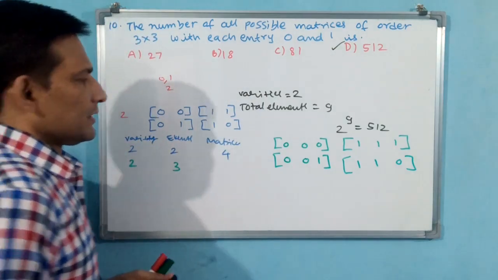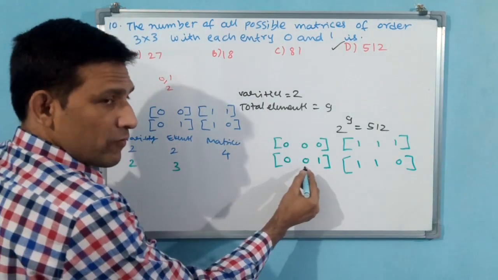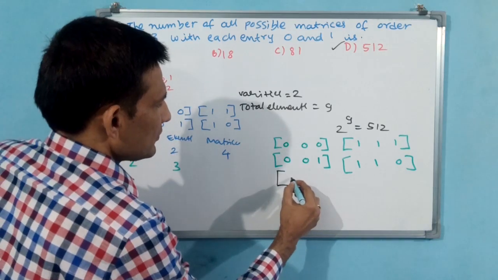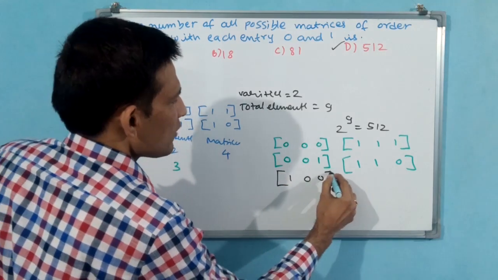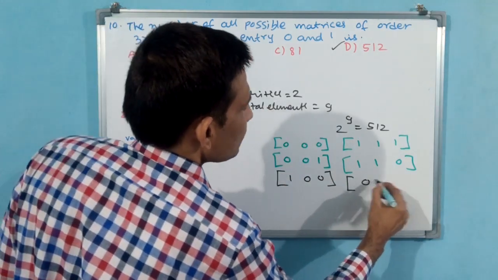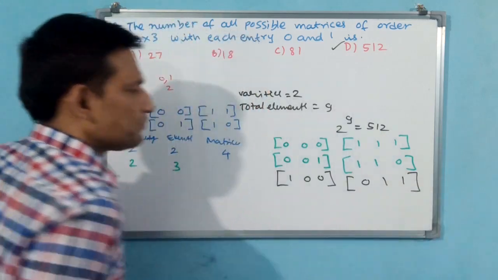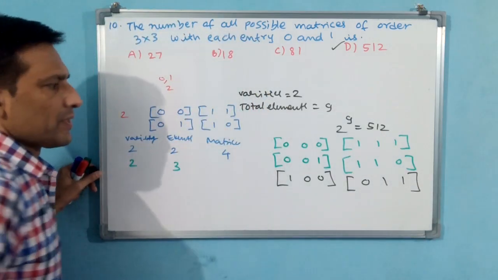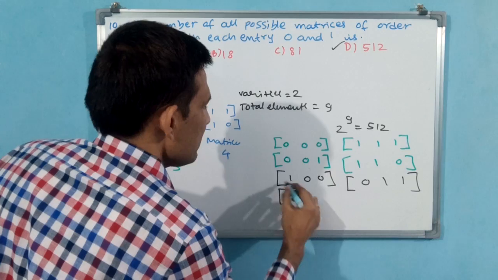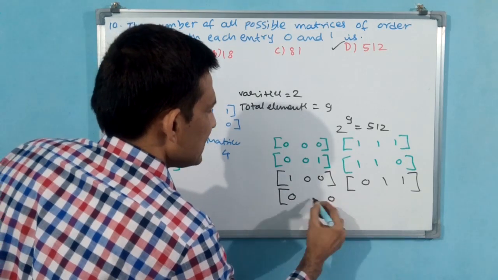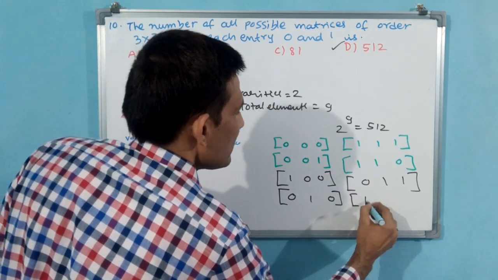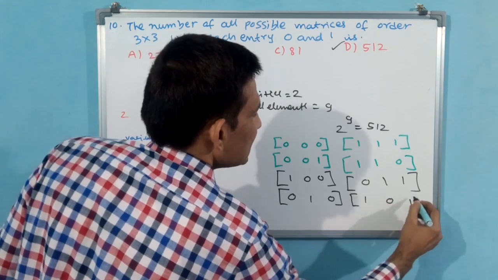But 2 zeros have come first. Then what do I do? 2 zeros next I have to make. Now here also 2 ones next I have to make. Now 0 will be first and last. Then 1 will be first and last.